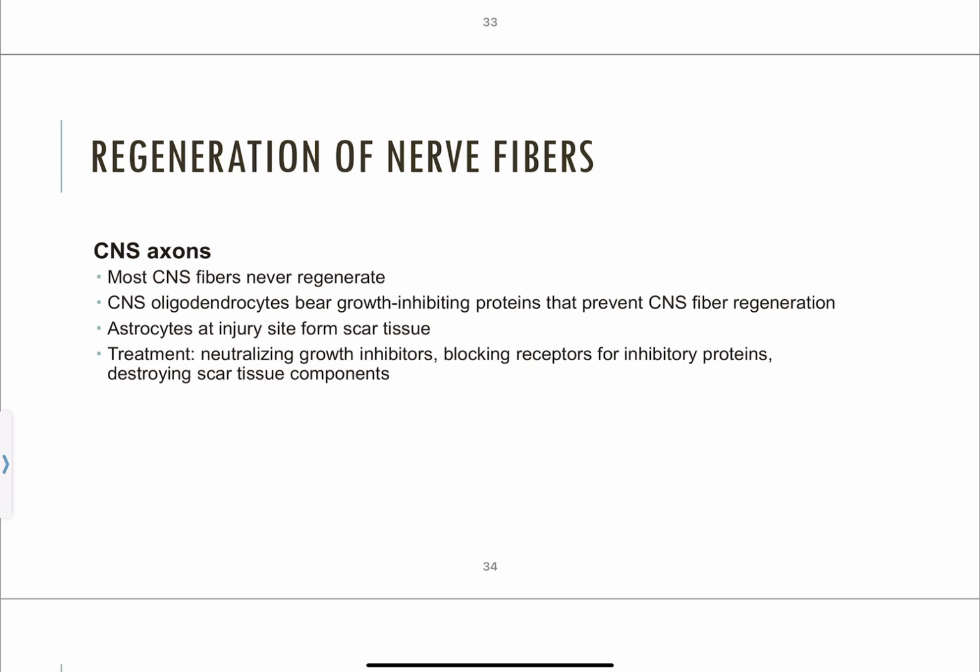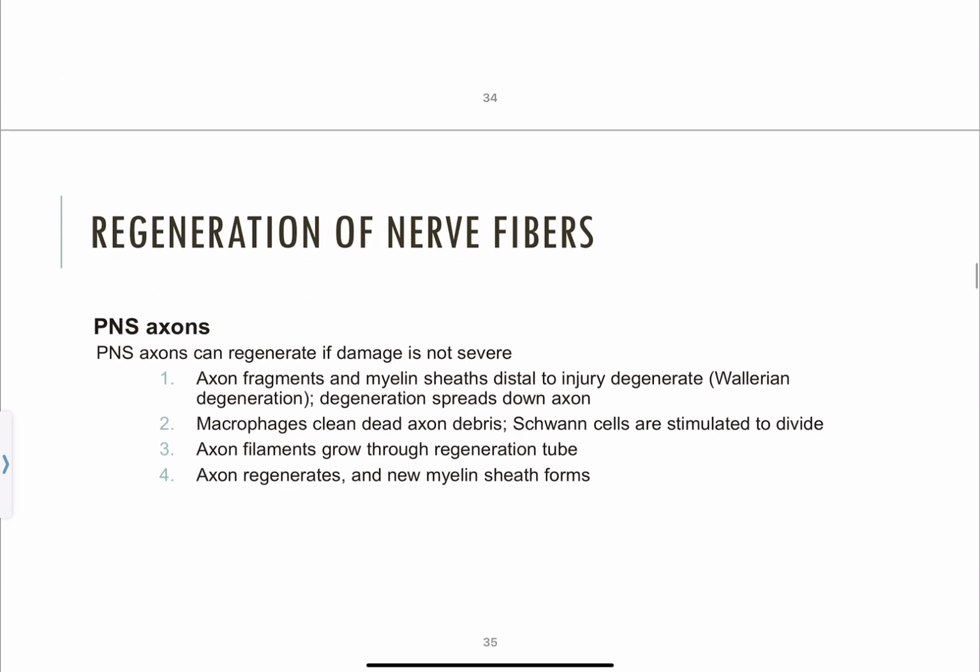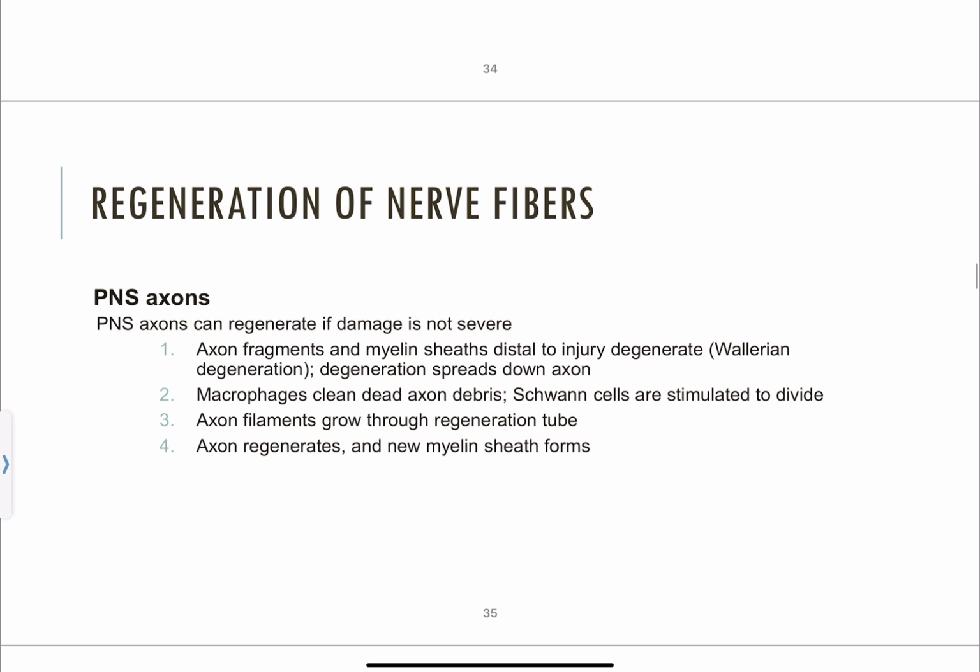But a lot of this is still in clinical trials, and they haven't been able to quite figure out how to promote central nervous system axon regeneration yet. In this chapter, though, we're really going to focus on regeneration of axons in the peripheral nervous system. So unlike those in the central nervous system, the peripheral nervous system axons, if they are cut or crushed, can successfully regenerate. And that's what we're going to talk about today.